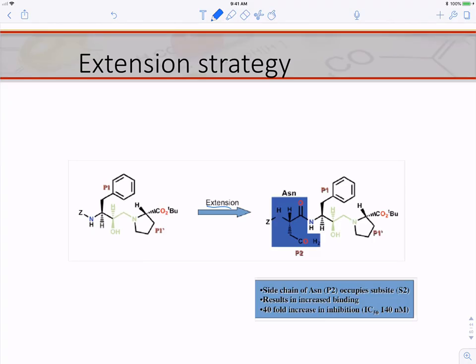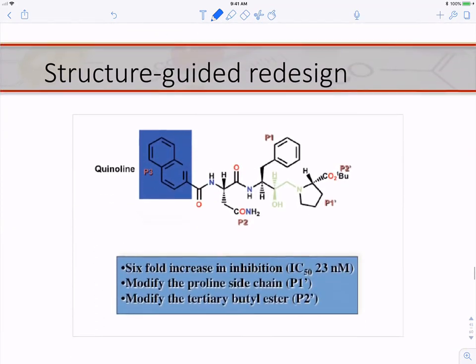And what they did was basically going one step at a time, inserting the group, the asparagine, that occupies the subsite S2, and that results in increased binding and a much better inhibition of the enzyme, so a 40-fold improvement.